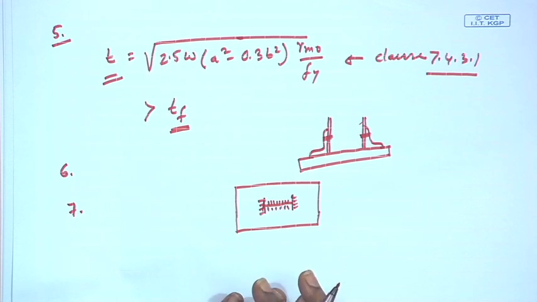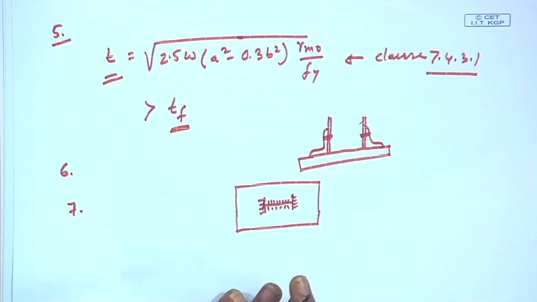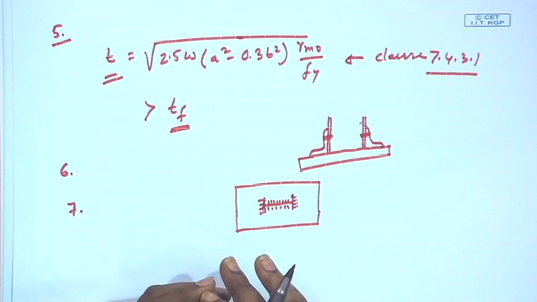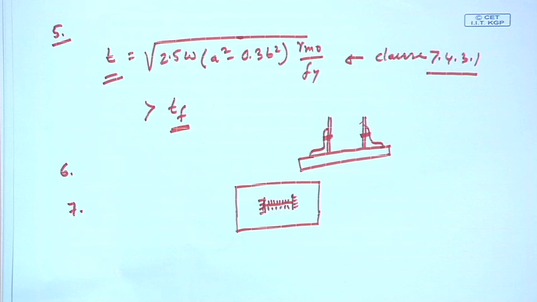So, in short, the load from the superstructure is coming to the soil through the substructure, which is made of base plate and the concrete pedestal, right.